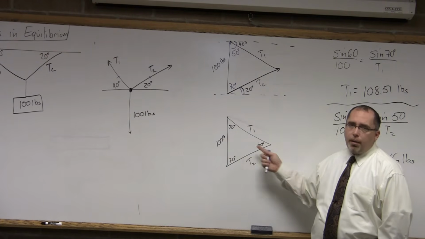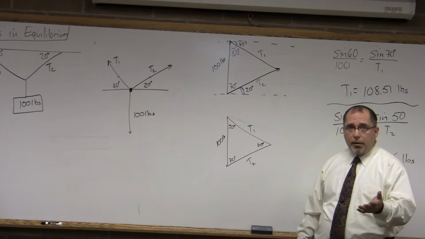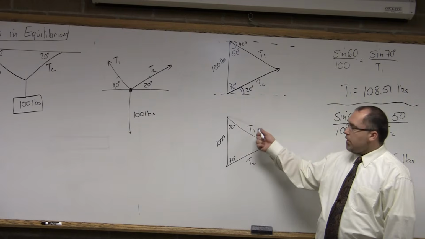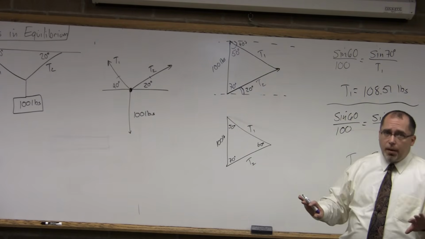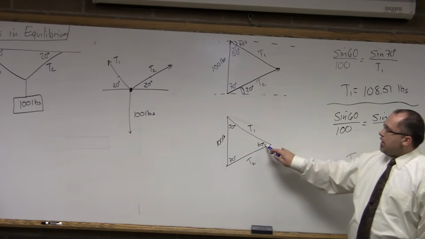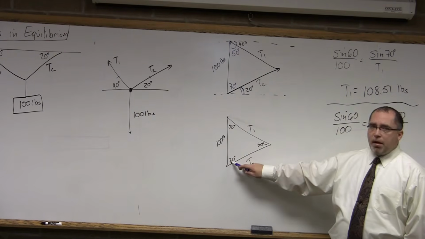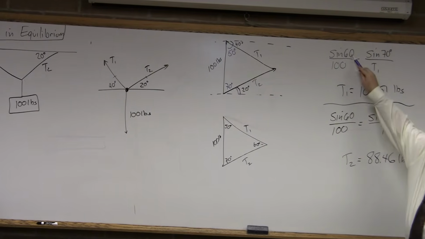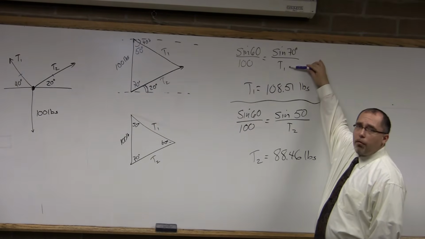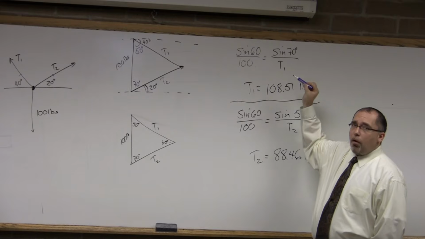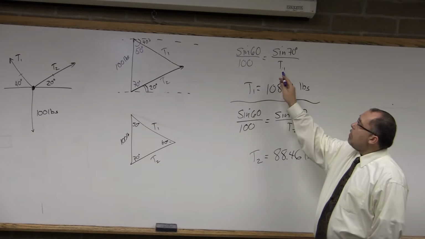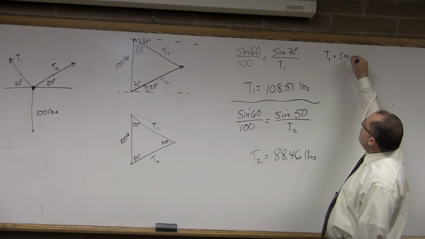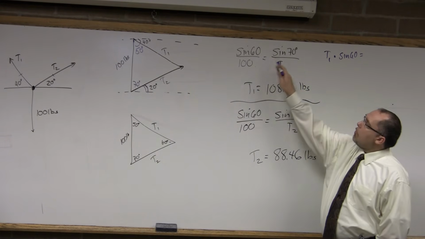You now have a matched pair. Matched pair, if you think back to oblique triangles, automatically think of law of sines. So we're going to use law of sines to solve for both T1 and T2 separately. So we have the sine of 60 over 100 equals the sine of 70 degrees over T1, which is what I have right here. Remember, to solve in law of sines, you have to cross multiply. So T sub 1 times the sine of 60 is going to equal 100 times the sine of 70.